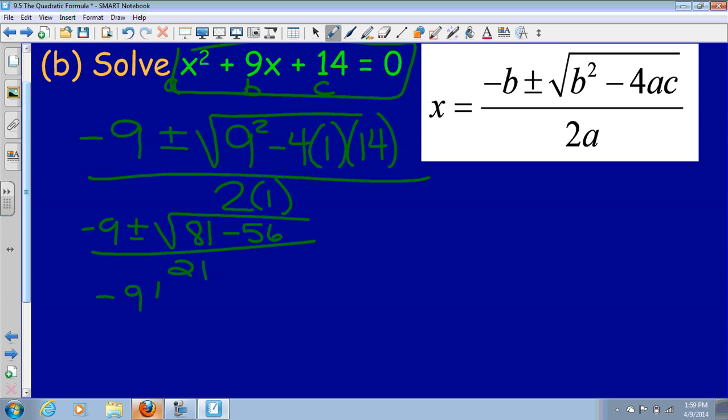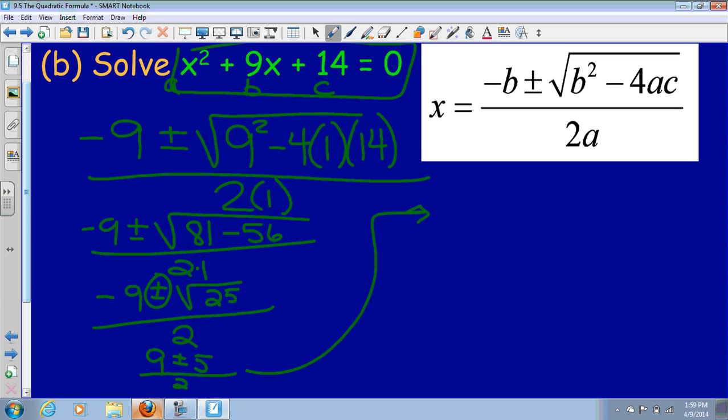Negative 9 plus or minus the square root of 81 minus 56, 25, all over 2. Now we have negative 9 plus or minus, what's the square root of 25? 5, all over 2. This plus or minus deals for the fact that we're pulling out a positive 5 or a negative 5.